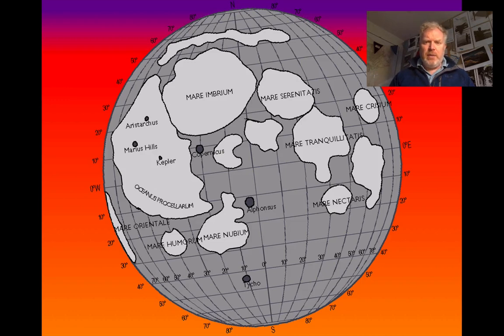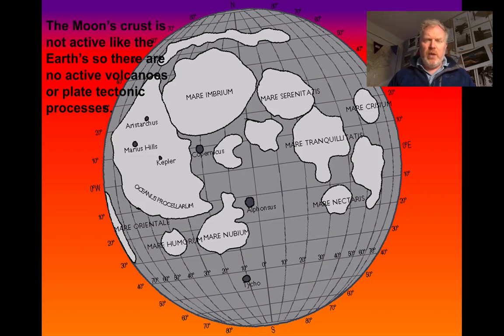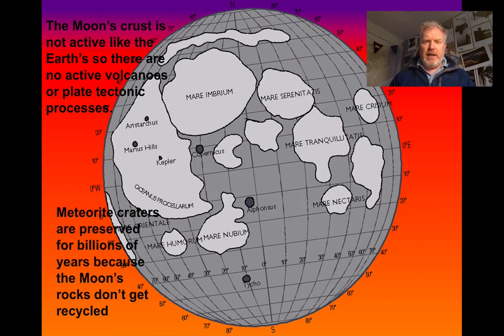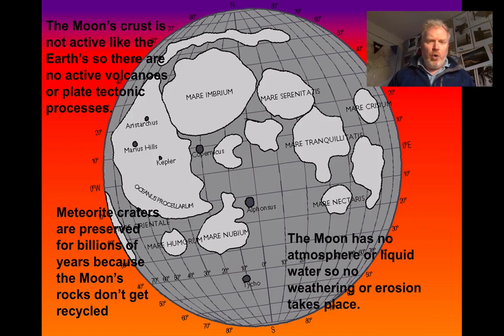If we try and add a little bit more information to this, we can see, although the rock is igneous, made by volcanoes, we don't see any active activity. We can, though, see meteorite craters, far more so than we see here on Earth, even though Earth, being bigger, must have had more meteorite impacts.